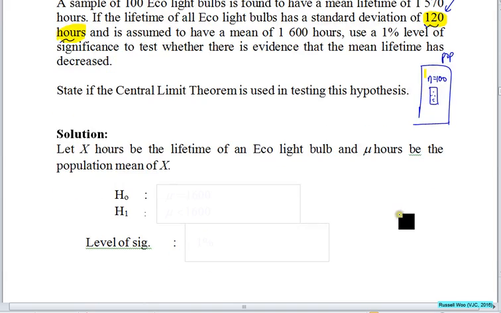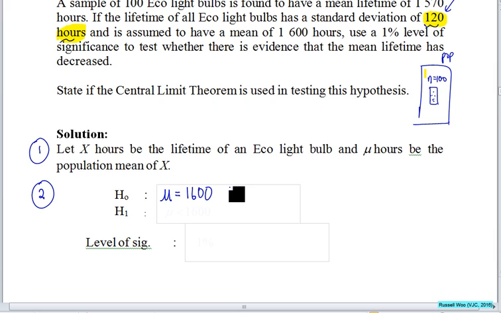So when I conduct my test, this is step 1. If you refer to just now, steps 1, 2, 3, 4, 5. Step 1 is to define. Step 2 is to state your hypothesis. H0, the default statement: mu equals 1006. Now you have to decide.